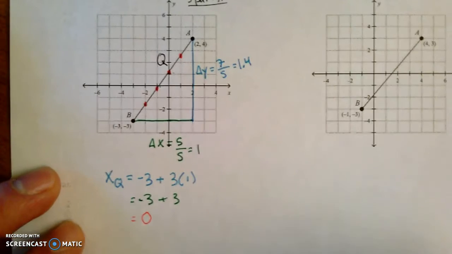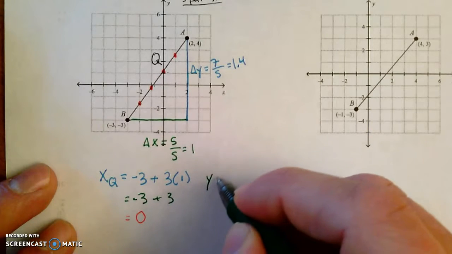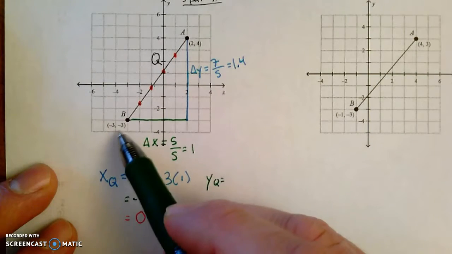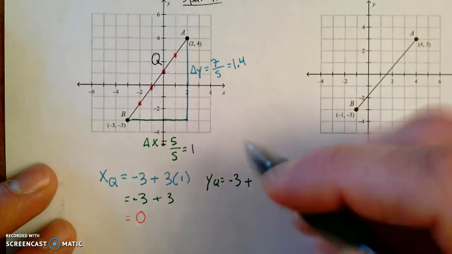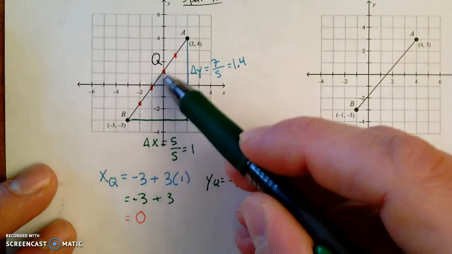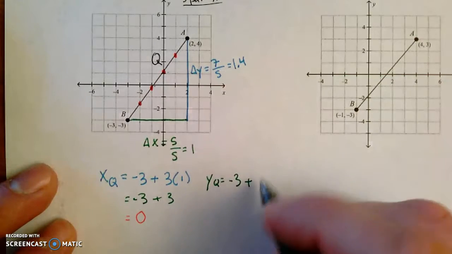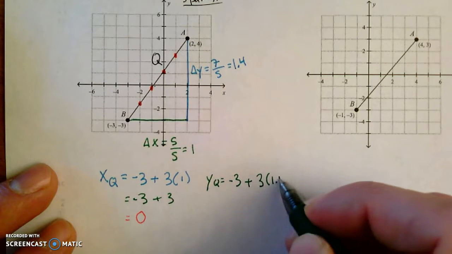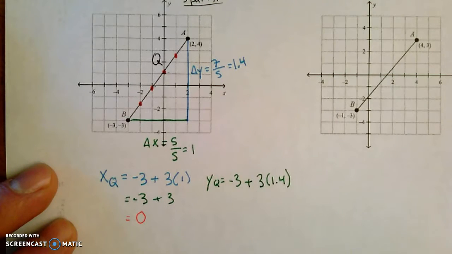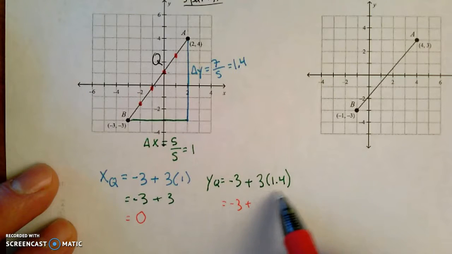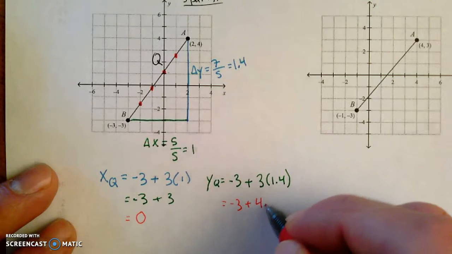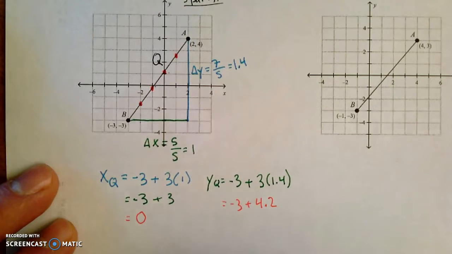Next, we're going to look at our y coordinate for Q. We're starting at -3, and we're adding 3 steps, 1, 2, 3, going up. So 3 times 1.4 for each step. So that's -3 plus 3 times 1.4. 3 times 1 is 3, 3 times 0.4 is 1.2, so that's 4.2.